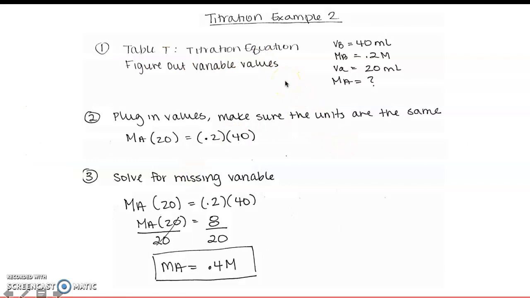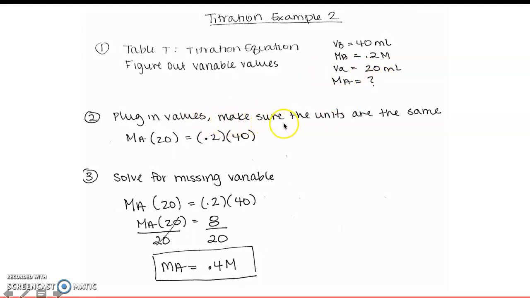Here we go, same thing. We're looking for the molarity of an unknown acid, so we're going to use the titration equation from Table T, and we're going to figure out our variables, which were already listed out for us. VB is 40 milliliters, MB is 0.2 molar, VA is 20 milliliters, and we're solving for MA again.